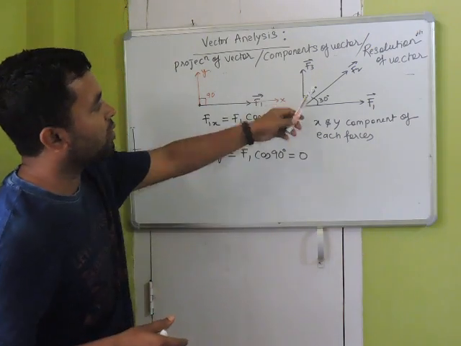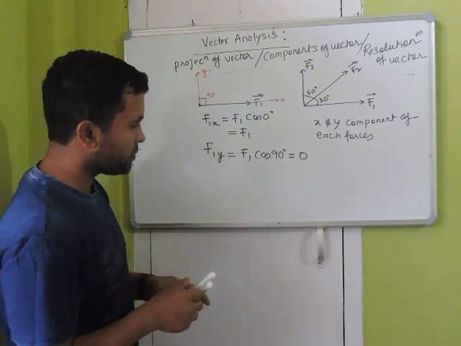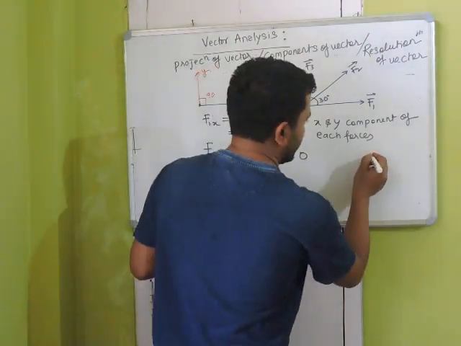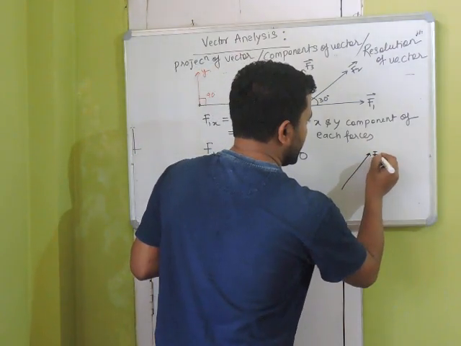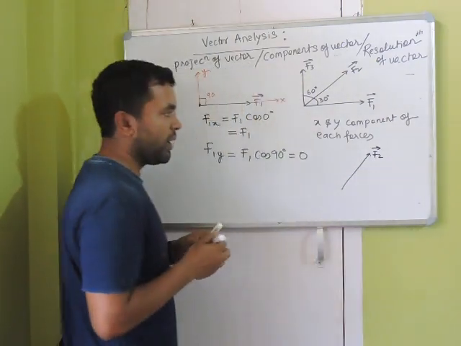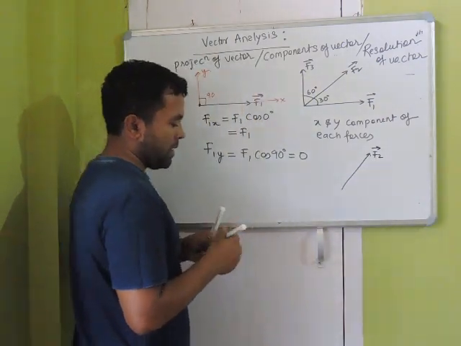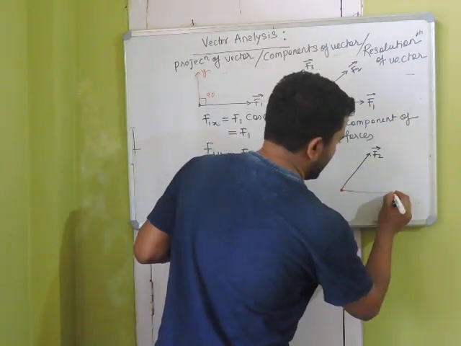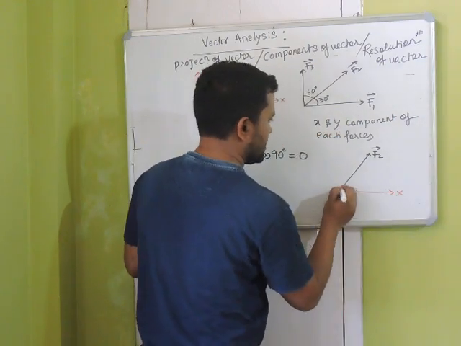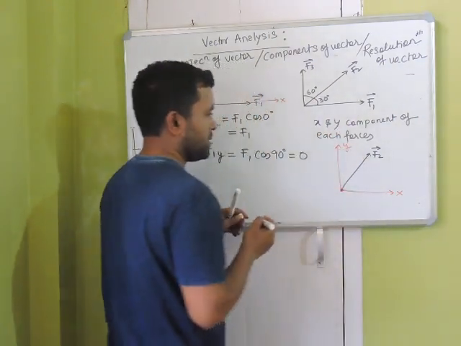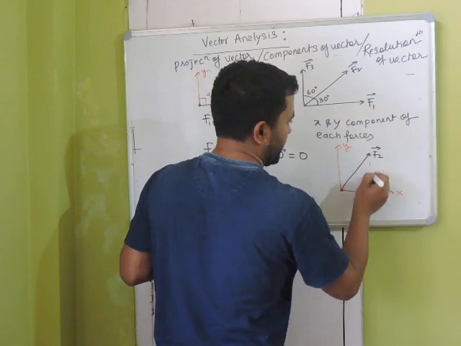Now let us tackle the component of f2. So this is my f2 vector. If I want to find its component, at the tail I will draw the x-axis and y-axis. Now I can draw a perpendicular here.